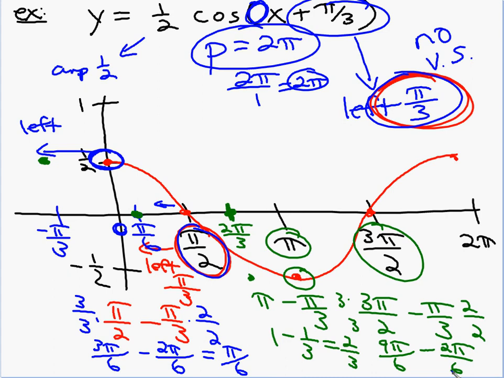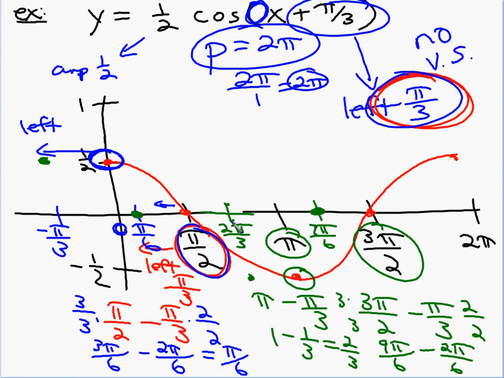So 9 minus 2 is 7 pi sixths. So this point right here is going to be 7 pi sixths. And now I am here. I just have one more, thank goodness. All right. Let me fix this here in the middle. That's not supposed to be a point. It's just supposed to be a dash.